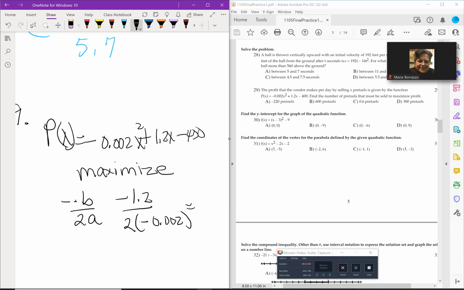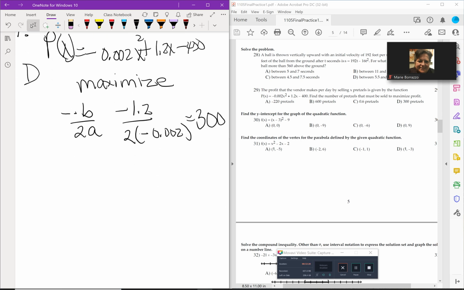And this is going to be, I'm getting 300 pretzels for this. And for number 29, according to this, okay, let's see what the key says. Yeah, the answer choice should be D. It should be 300 pretzels.